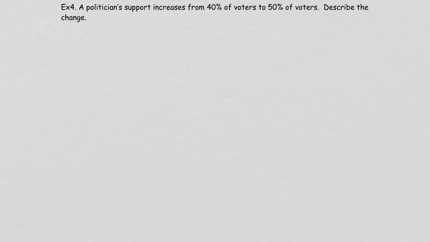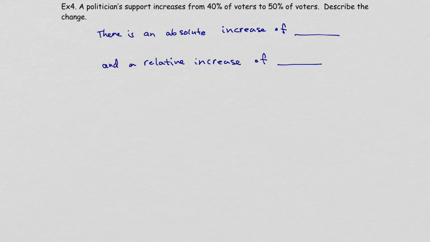If I wanted to talk about the absolute increase, from the 40 to 50, the difference is going to be 10. That's going to be your absolute increase, so 10%.